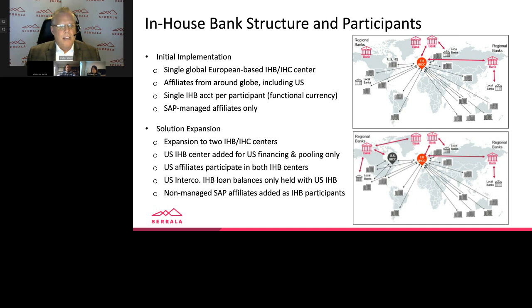We'll see each entity holds one account in their functional currency, and then if they have large volumes of activities in other currencies, then they'll hold accounts in those currencies. But smaller currencies where they don't have much volume, they'll often just run through their local currency account. So again, this is very much an individual per entity, per organization that's implementing an in-house bank to determine what's of value here.